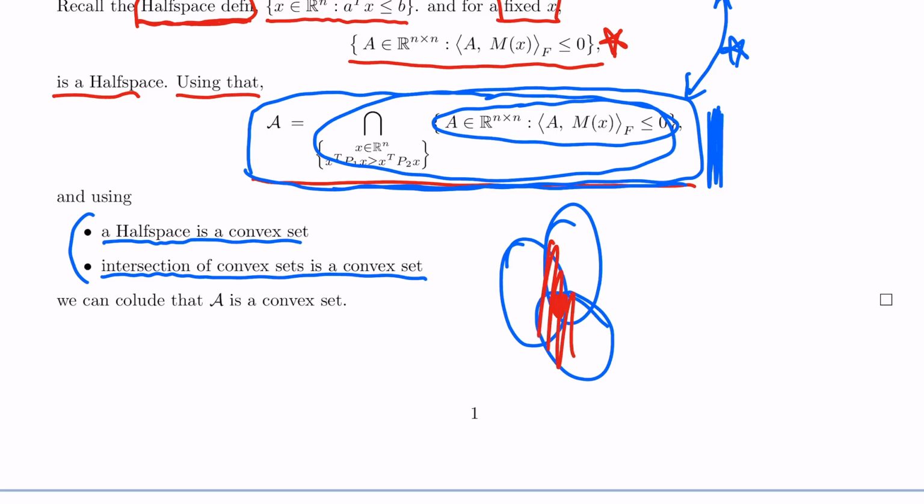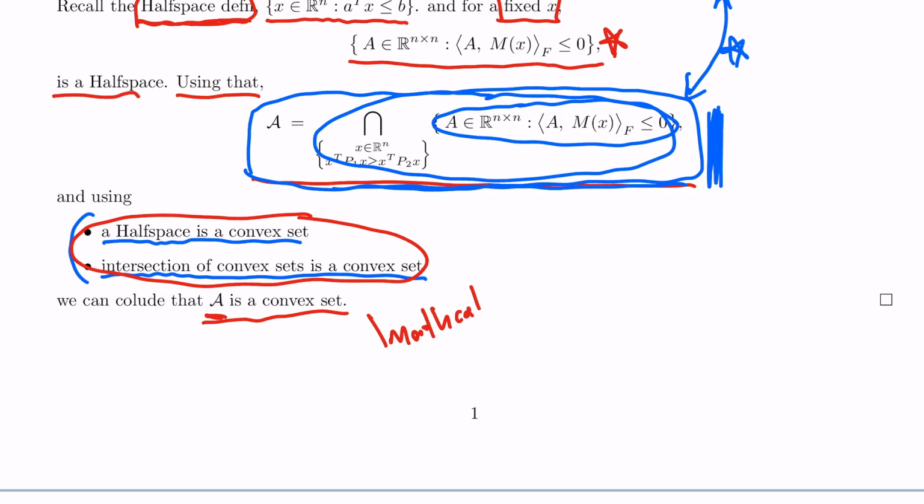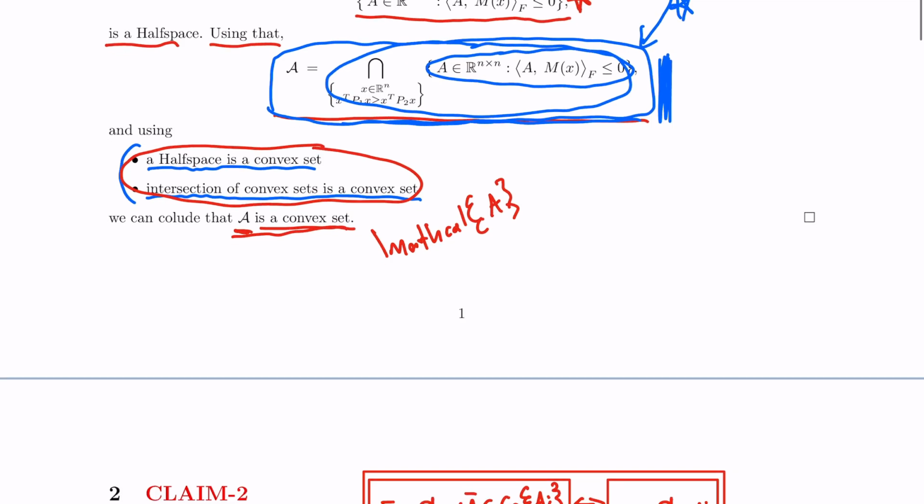Okay, let me just eliminate that. So using those two properties, we can conclude that the original set, calligraphic A, is a convex set. Okay, so that was claim number one, and then we are done with that.